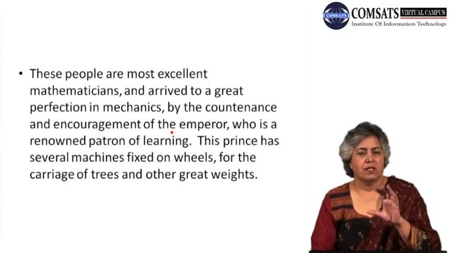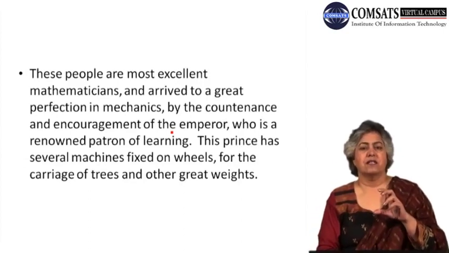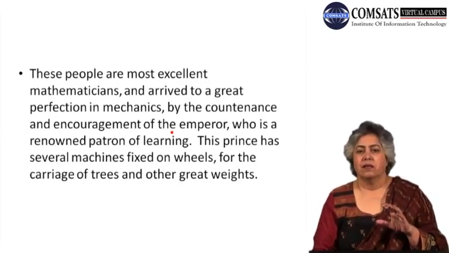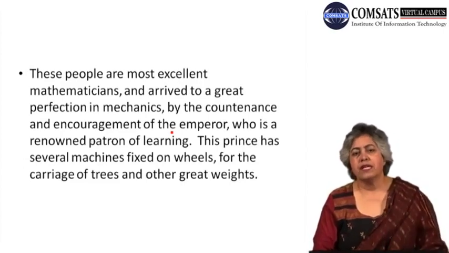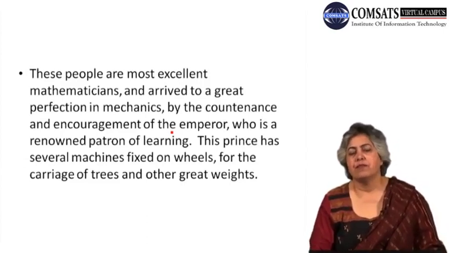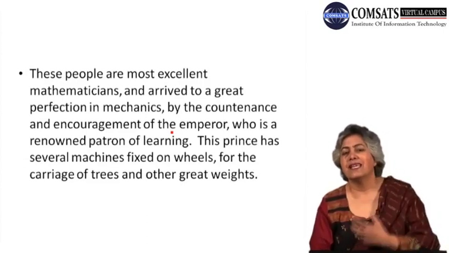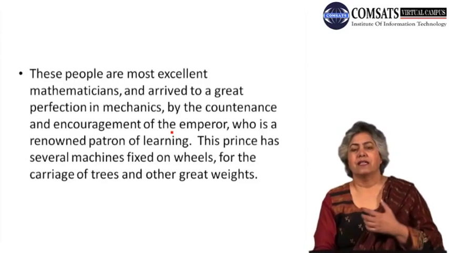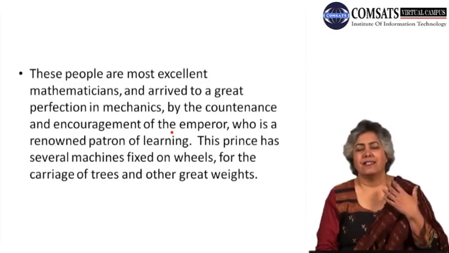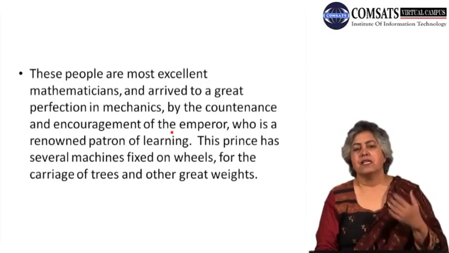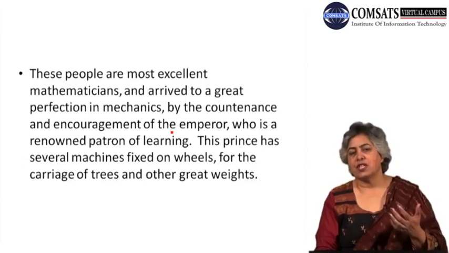Now he is being very sarcastic here because the emperor has nothing to do with their intelligence. If a people are intelligent, they are intelligent because their minds work. But in giving credit to the emperor, he is making his position clear.